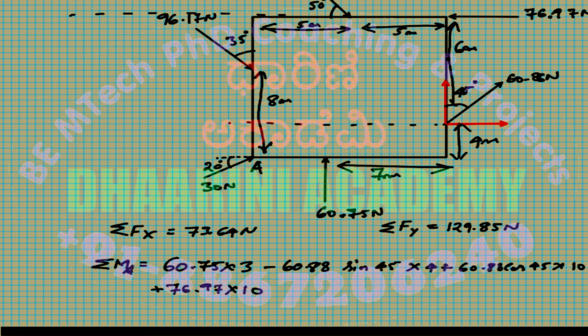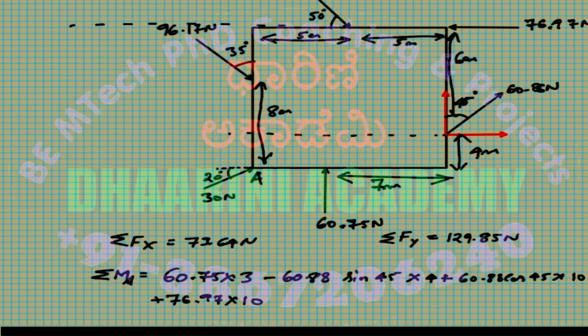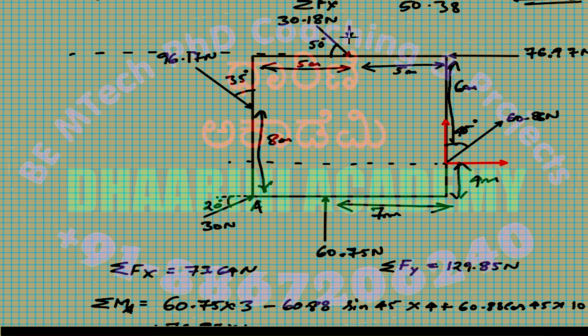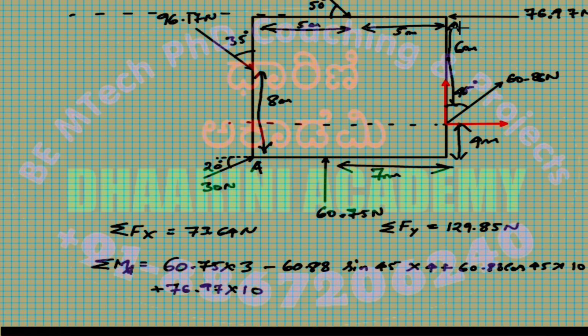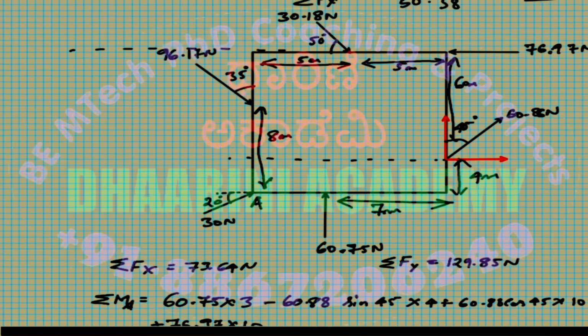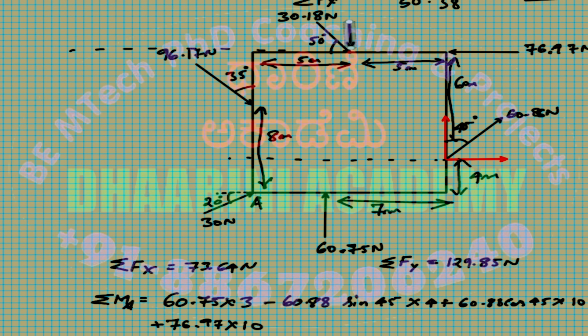Then let's try to split this, the 30.18 Newton, and this is going to have two components.